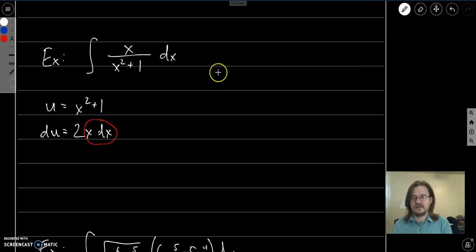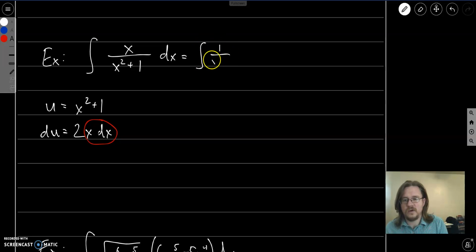So let's rearrange this just a little bit. So this is going to be the integral of 1 over x squared plus 1 times x dx. And again, all I did is I moved the x out of the fraction.